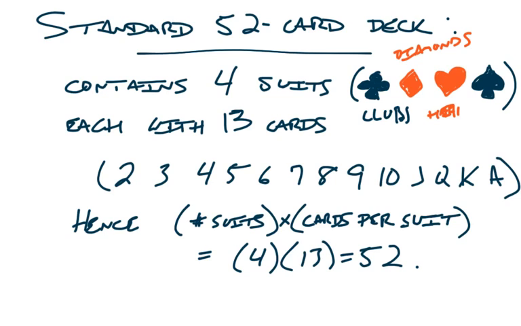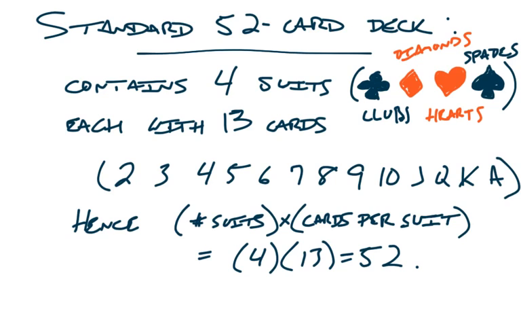Oof, that's a train wreck. Let me try that again. Hearts. And the last one is spades. Traditionally, clubs and spades are referred to as the black suits. Diamonds and hearts are referred to as the red suits.